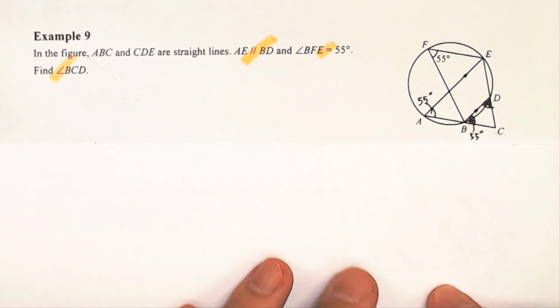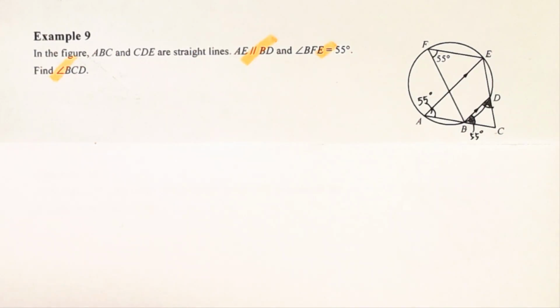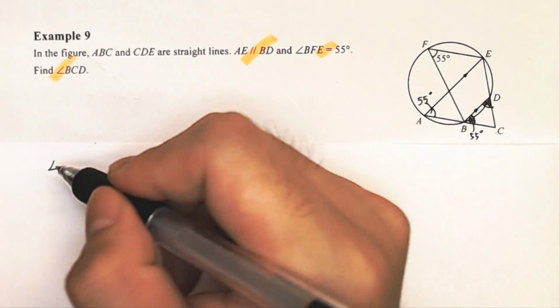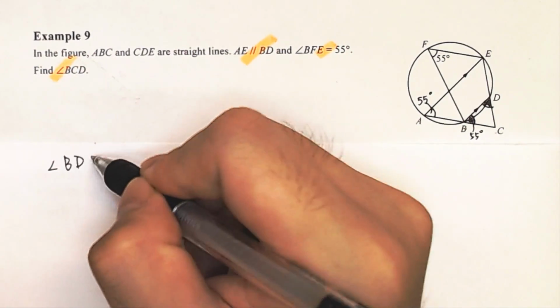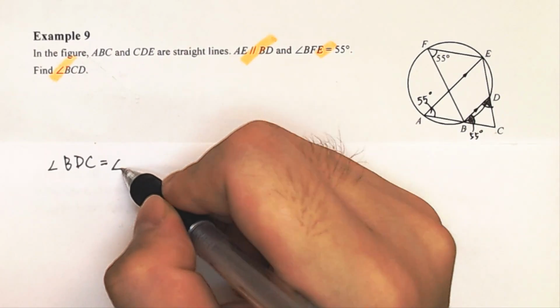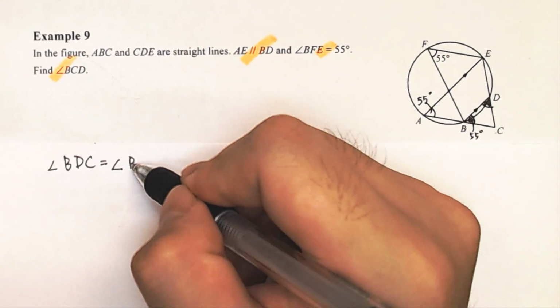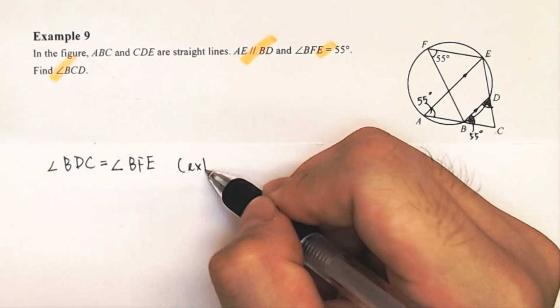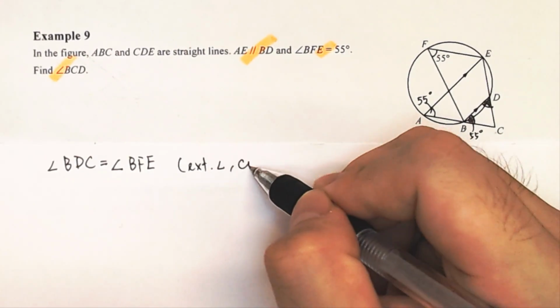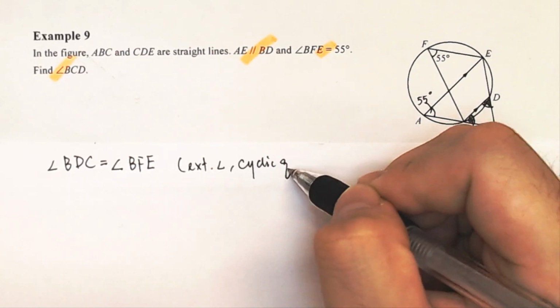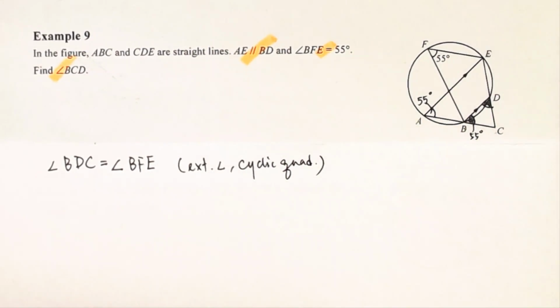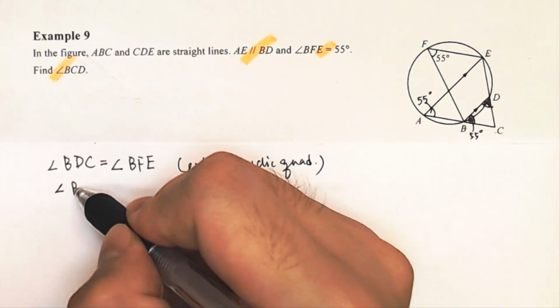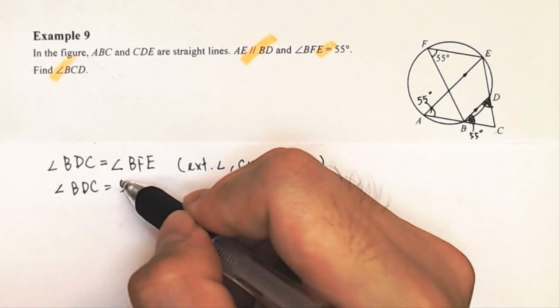Okay, so let's work it out. First of all, you should have angle dot C equal to angle FE, which is the exterior angle of a cyclic quad. So angle dot C is 55 degrees.